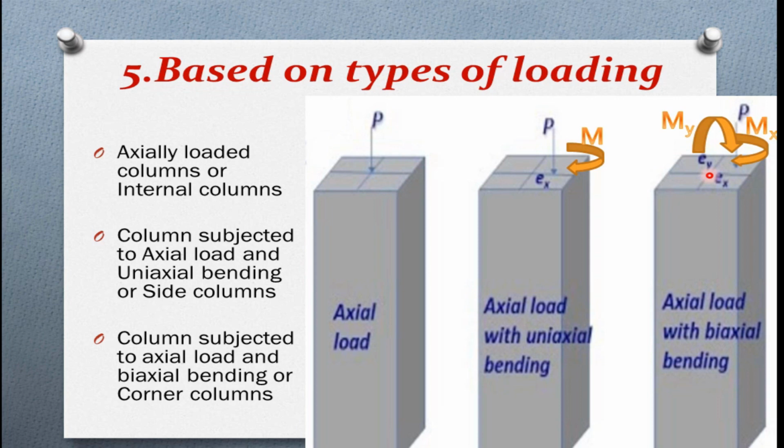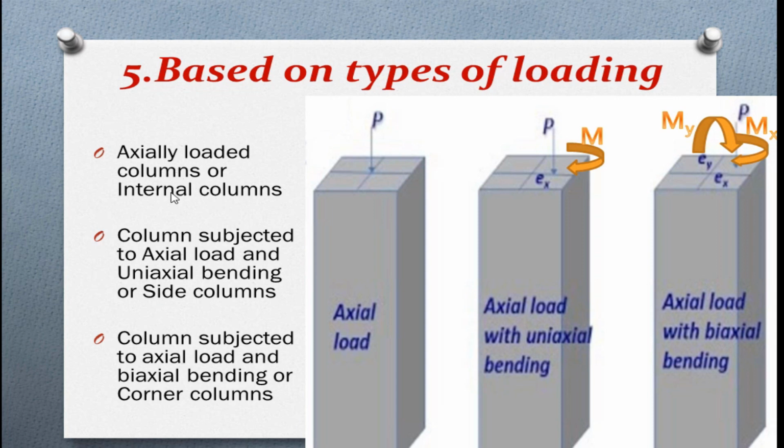From the y axis, the distance is called ex, and from the x axis the distance is called ey, the eccentric distances. So we have to calculate the moment on both sides and apply them during the design of this column. Here Mx is equal to P into ex, and My is equal to P into ey.